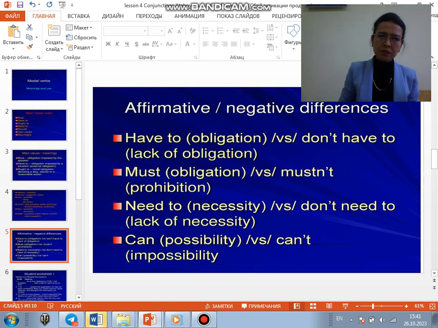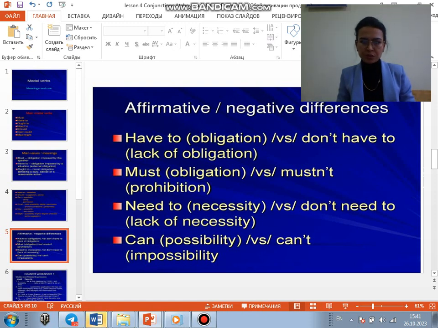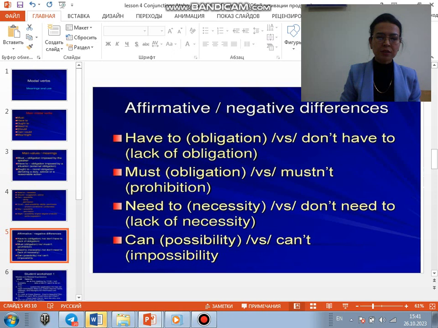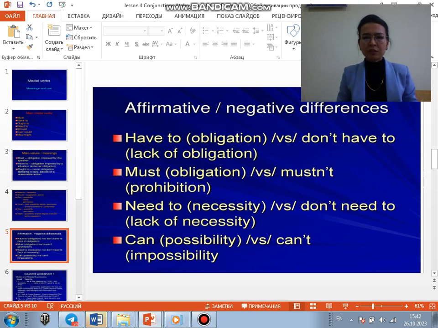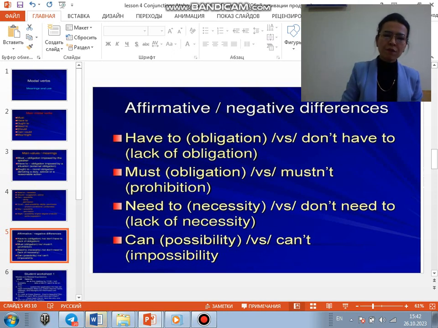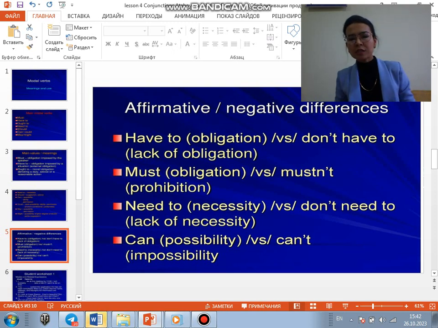In positive sentences, we use need to for necessity; in negative, don't need to, I mean lack of necessity. And can also has such a meaning in affirmative and negative form. In affirmative form, it has possibility meaning, and can't has impossibility meaning in negative form.